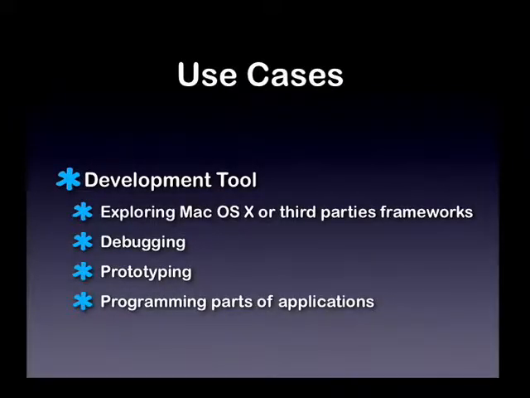So what are the main use cases for FScript? First, it is used by many Mac OS X developers as a development tool, as a complement to Objective-C. It's very useful to explore interactively the Mac OS X frameworks or third-party frameworks. It's very useful for debugging, prototyping, or even writing parts of your applications.